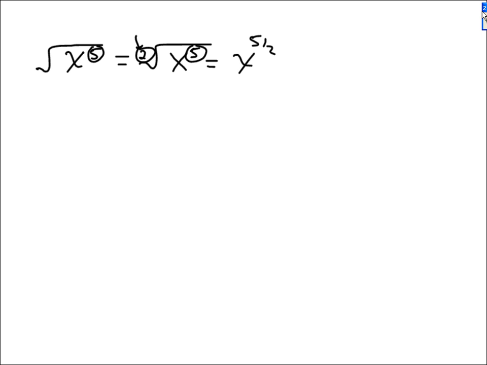First, let's assume all variables are positive, and we want to write it in exponential form. So if you have the square root of x to the 5th, whether you write this next step or not is up to you, but you have to understand that there's a 2 there. So you say 5 over 2 for the exponent, 5 over that understood 2. The instructions were to write this in exponential form, and there's the answer.